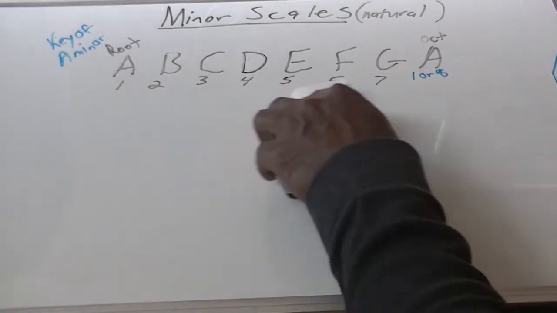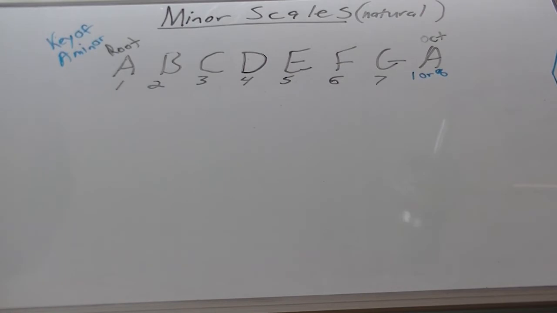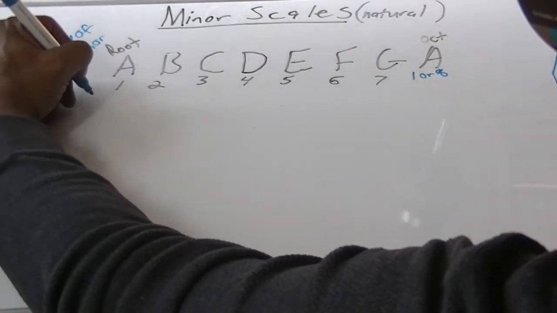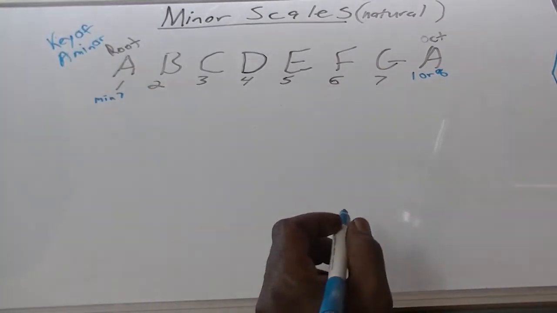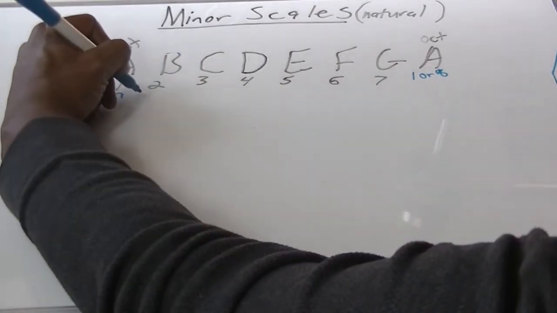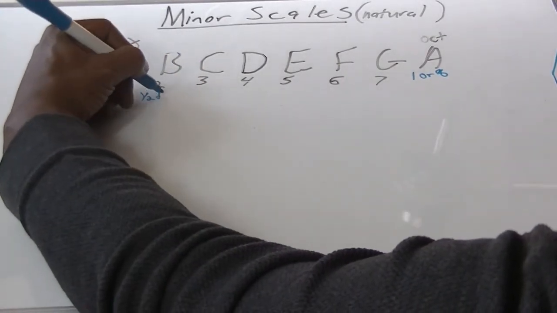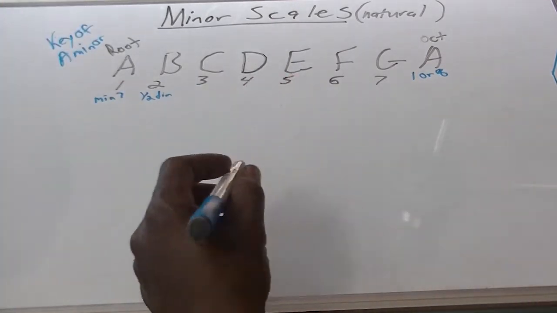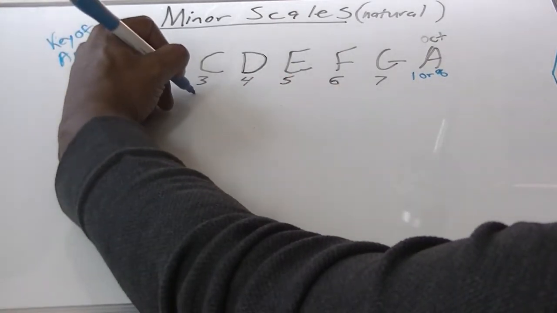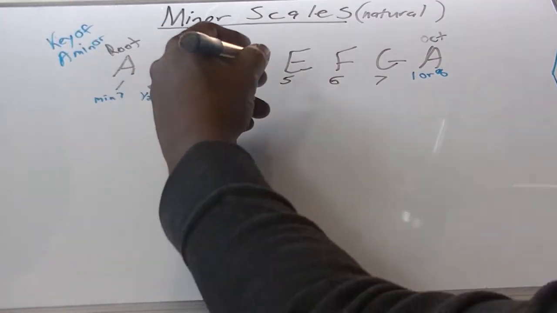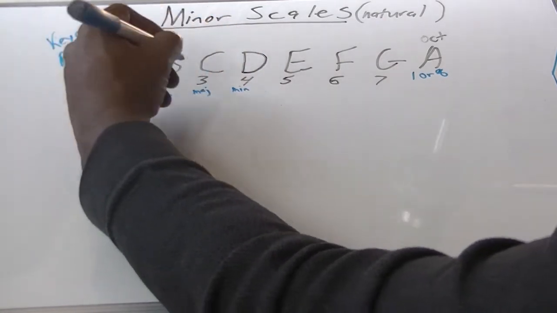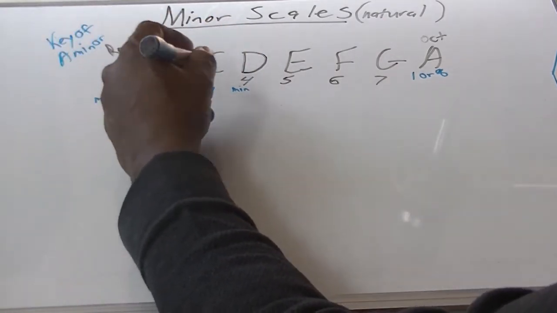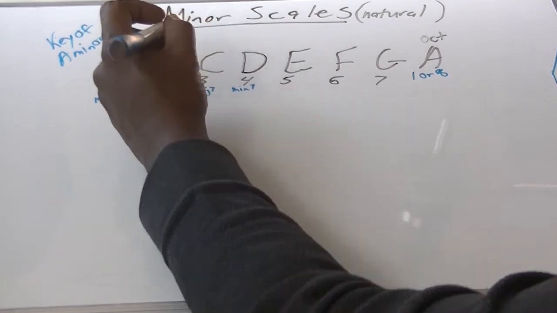Now that we have 4-note chords, the names of the chords will change, and the chord associated with the number 1 will be a minor 7th chord. The chord associated with 2 will be a half diminished chord. The chord associated with 3 will be a major 7th chord. 4 will be a minor 7th chord.